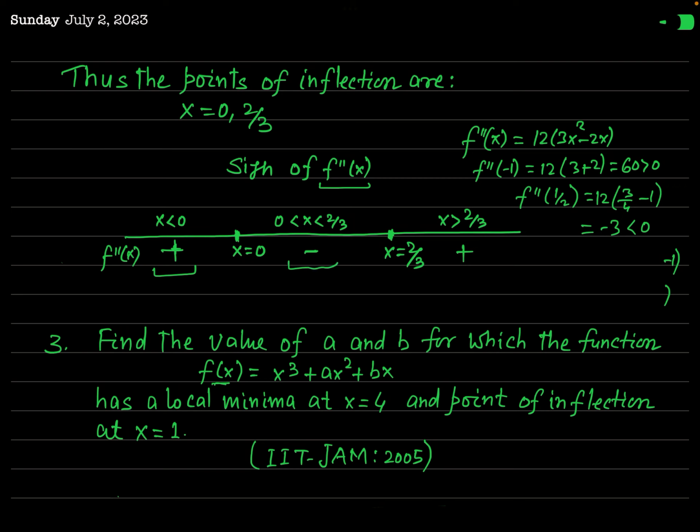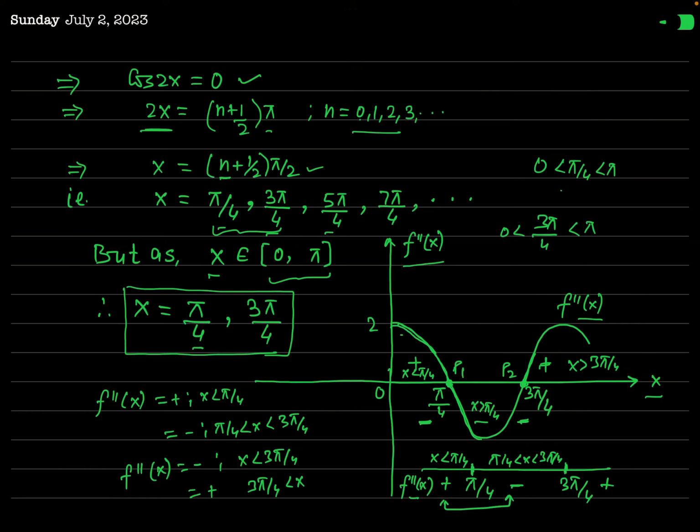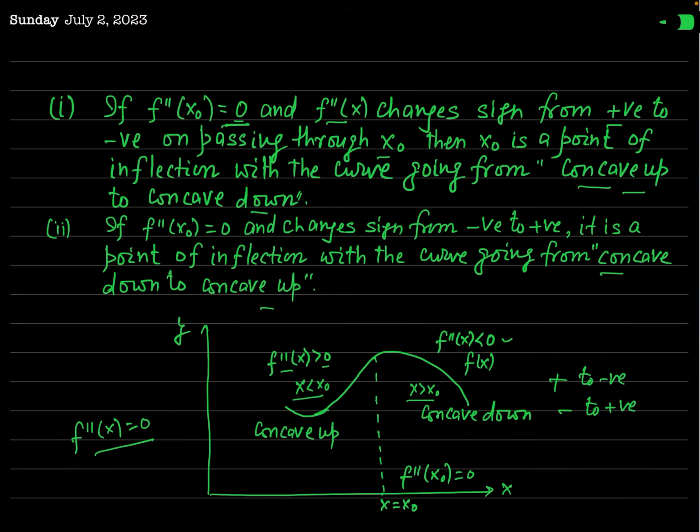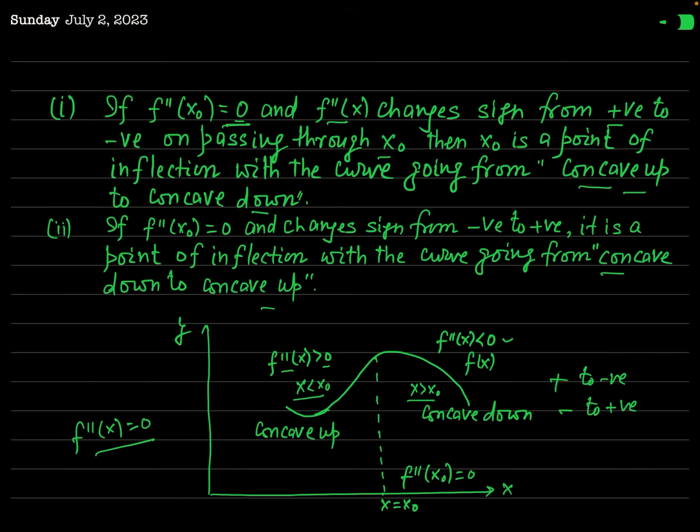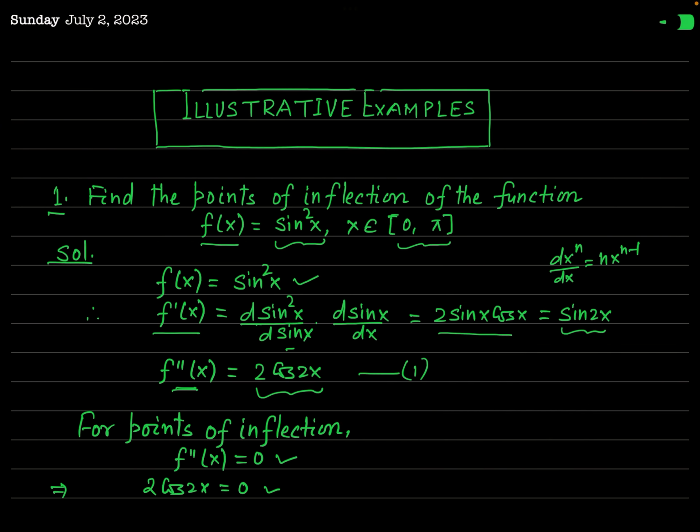So you can see I have marked it here, that on passing x equal to 0 from the region x less than 0 to x greater than 0, the sign of f double dash of x has changed from positive to negative. And when this sign changes from positive to negative, the concavity changes from concave up to concave down.